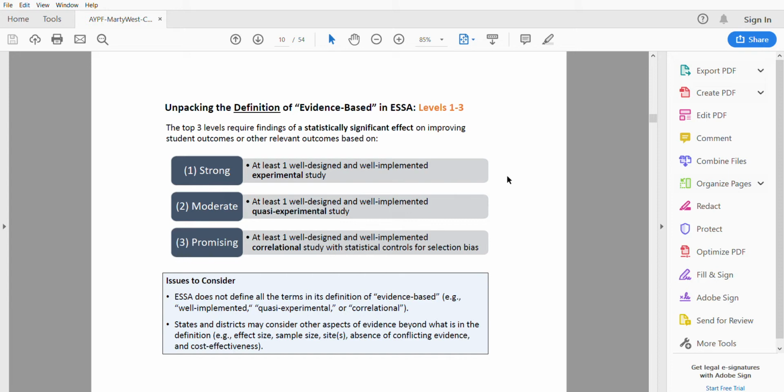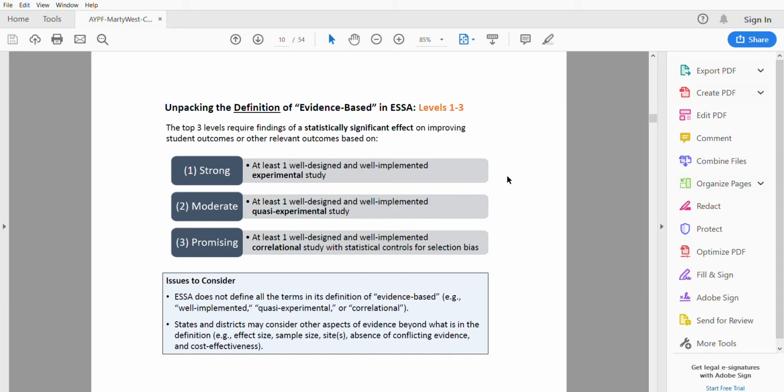You're probably aware an experimental study is a study which is conducted by randomly assigning students, schools, classrooms, or some other unit to one of 2 conditions, a treatment condition or a control condition, and then comparing their outcomes. That provides the clearest and, under the ESSA framework, the strongest evidence that an intervention actually had a causal effect on the outcomes of interest.